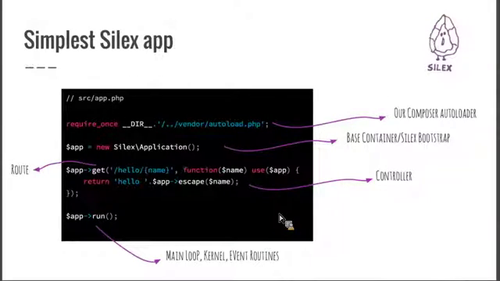So this is the simple Silex app we can build. And this is like a one-on-one on getting started. We have this file stored in source and it's named app.php. We use this autoload PHP built by Composer.